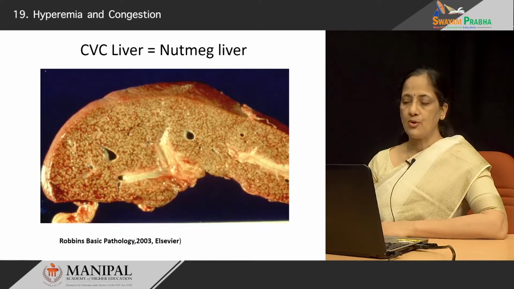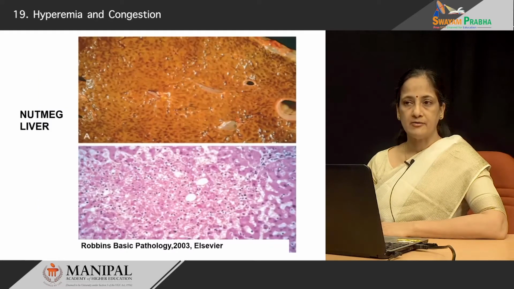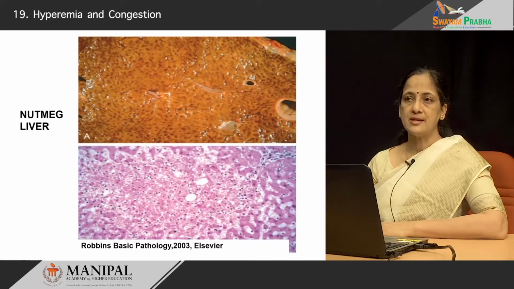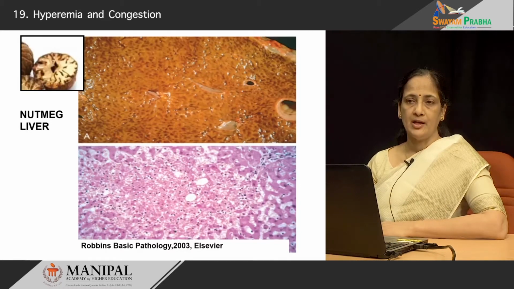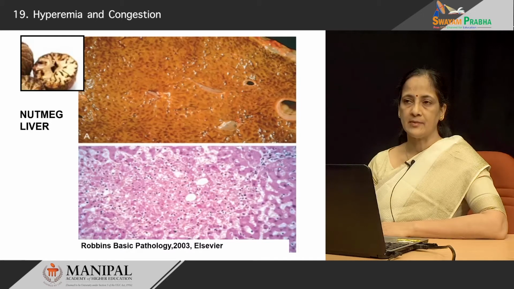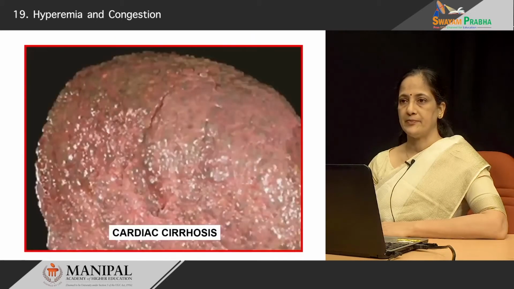This is also called nutmeg liver. The dark areas that are seen on the cut surface correspond to the congested area around the central vein. The pale areas which you see on the gross correspond to the fatty change that is seen in the periportal area. You can also see a picture of a nutmeg and how similar it is to the change you are seeing in the liver in CVC, the nutmeg liver.